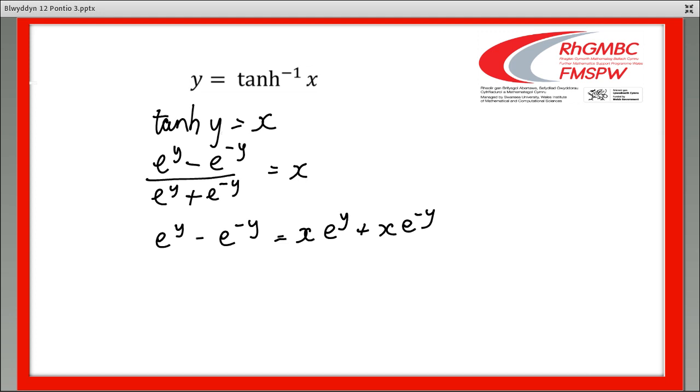Multiply throughout by e to the power of y. e to the 2y minus 1 equals x e to the 2y plus x.